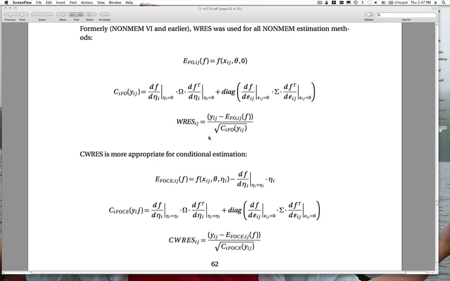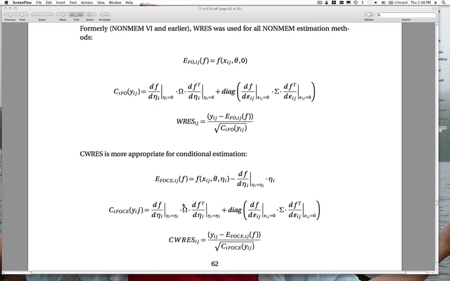Now, this was the case for the weighted residual no matter what estimation method was used. So even under a conditional estimation method like FOCE or Laplacian, the same weighted residual was calculated. In order to get around that, a new residual was developed called the conditional weighted residual, which was more consistent with the conditional estimation assumptions.